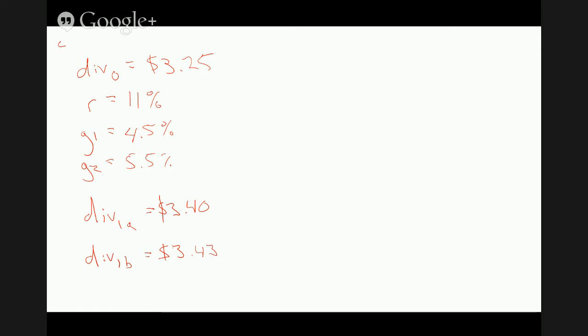Now, to value a stock, which is essentially a perpetuity with growth in this case, we're going to use the formula C1 over R minus G. And our C1 is going to be each one of these dividends under the different growth rate scenarios.